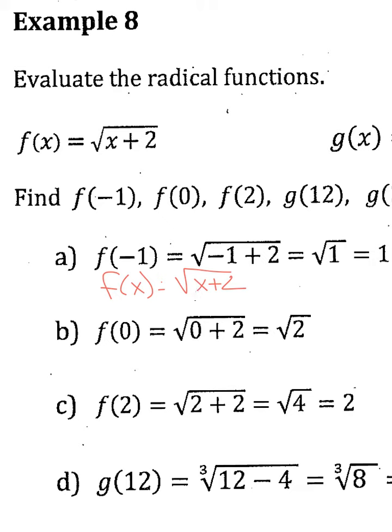So we'll have the square root of negative 1 plus 2. And then we simplify. Negative 1 plus 2 is 1, so this is the square root of 1, which is 1. So f of negative 1 equals 1.